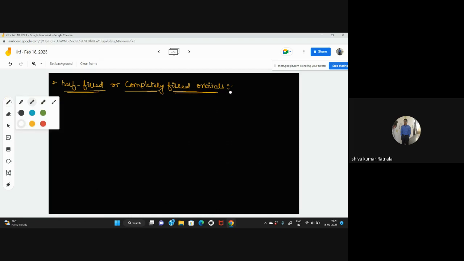Half filled means only one electron in each orbital, in one direction.